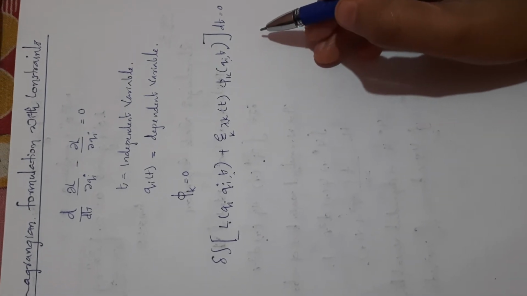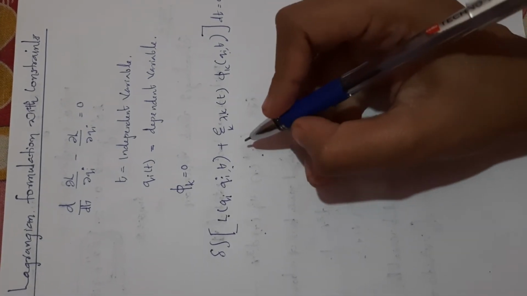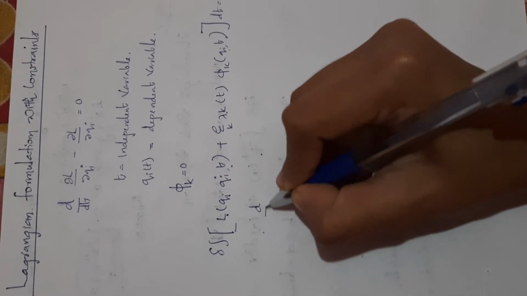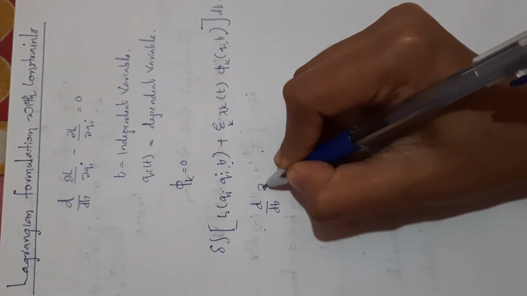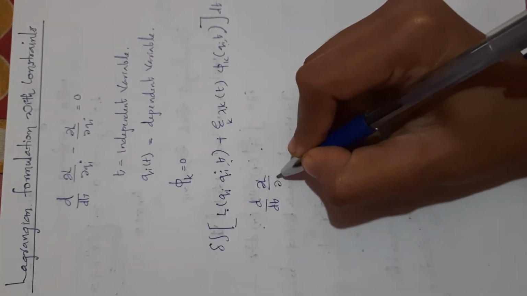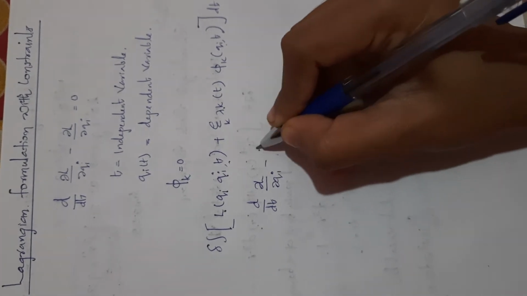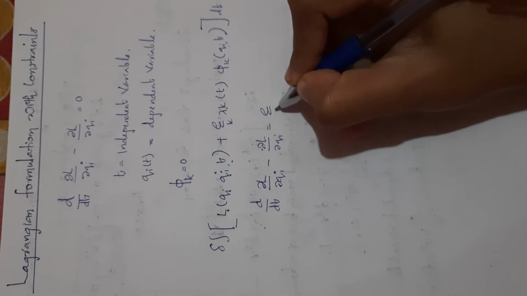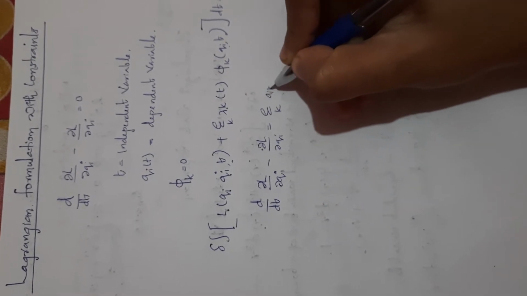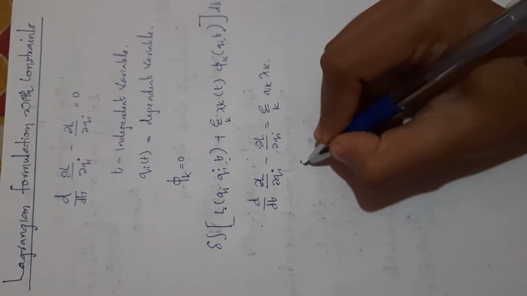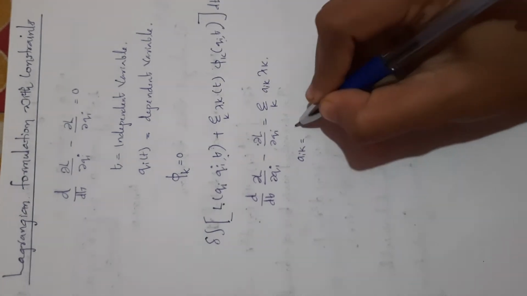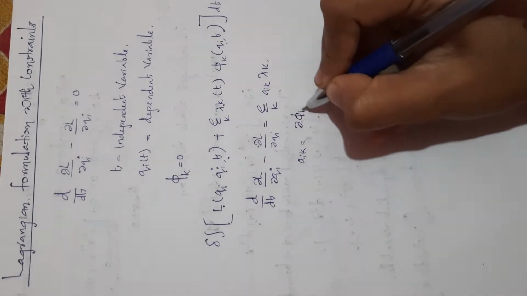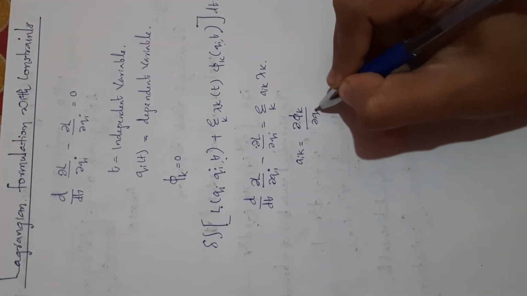Then our constrained Lagrange's equation of motion will be d by dt of dou L by dou Qi dot minus dou L by dou Qi is equal to sum over k of aik lambda k. Here aik is equal to dou phi k by dou Qi.